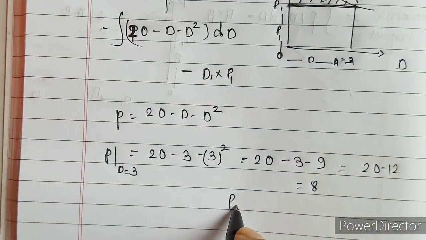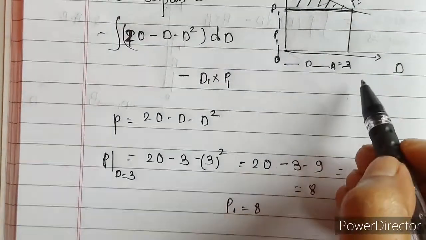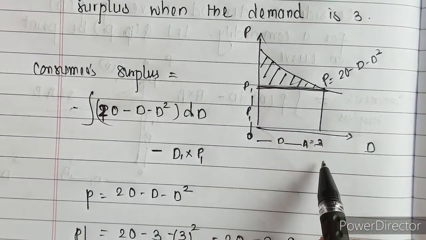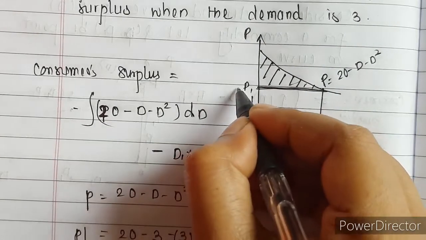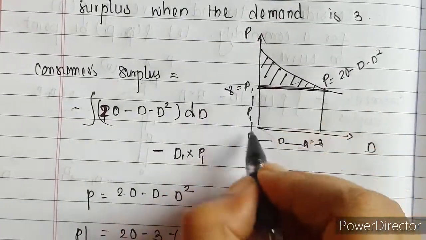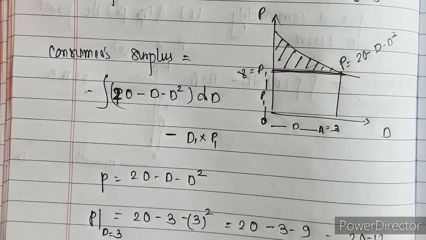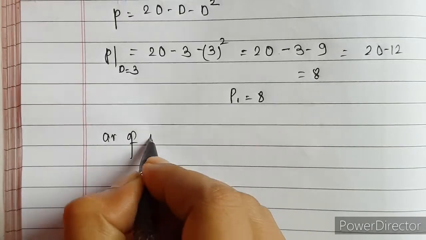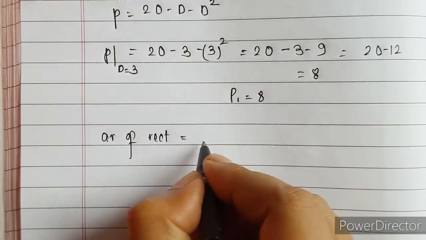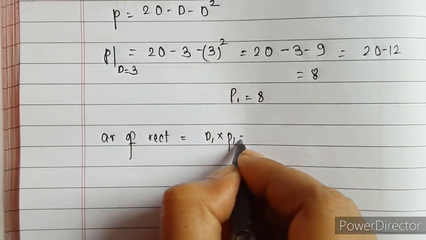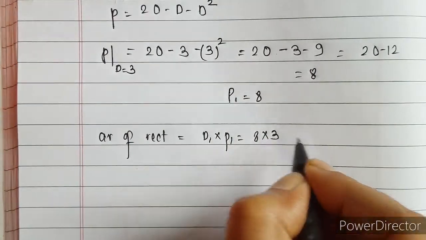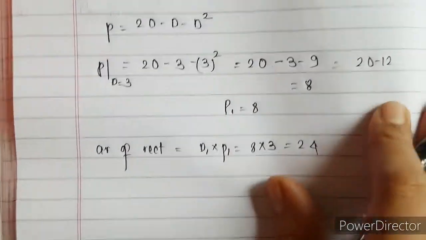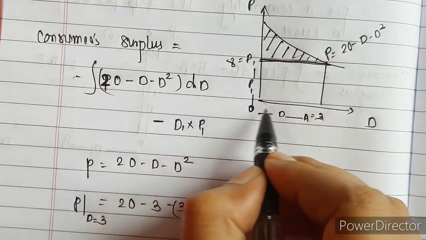So the price of this commodity when demand is 3 is 8. Now we can get the area of this rectangle. Area of rectangle, D1 into P1, is 8 into 3, which is 24.